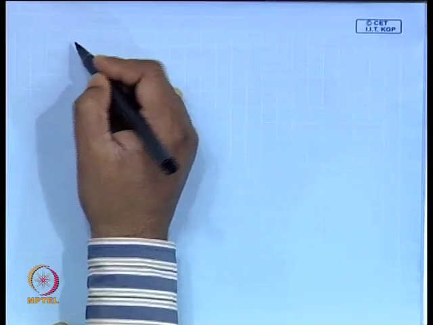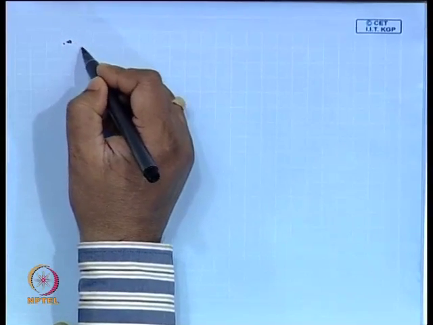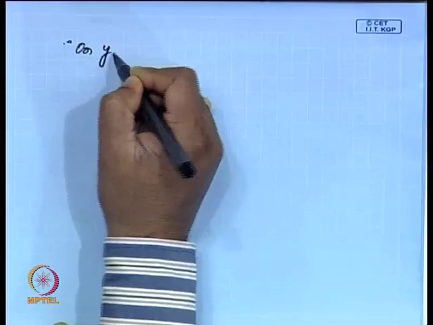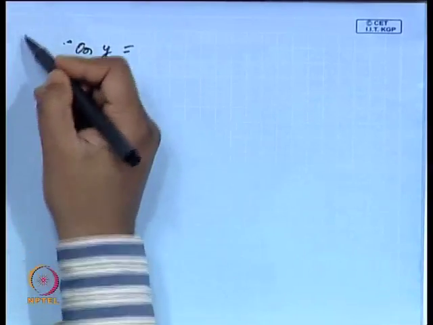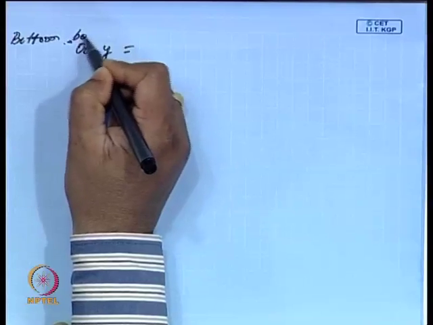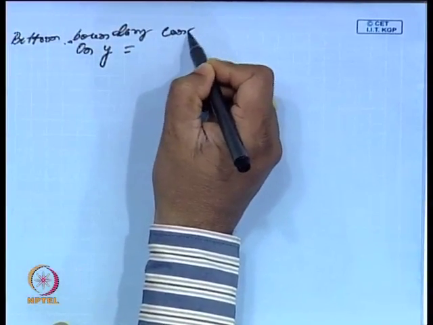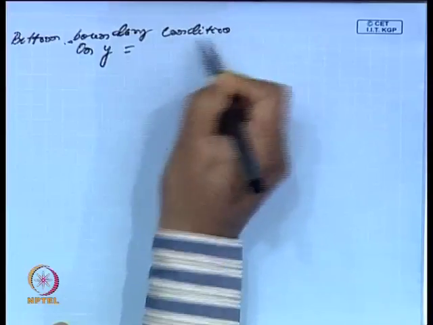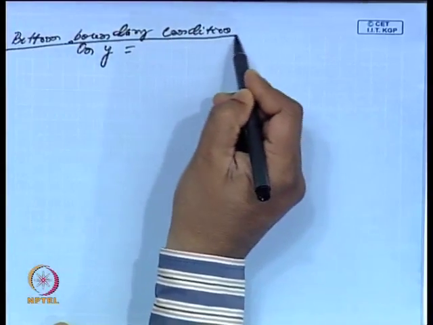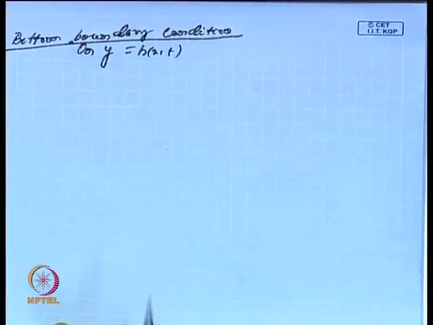On the bottom boundary, the bottom is on y is equal to h, which is a function of x and t.